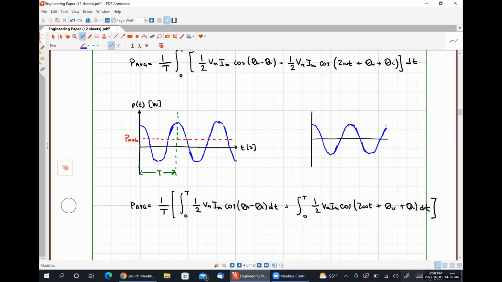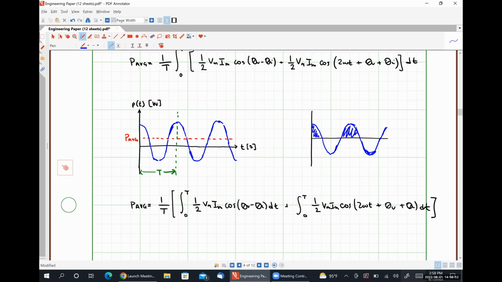There, if I can draw correctly, the area above the horizontal line is exactly canceled out by the area below the horizontal line if I integrate over an integer number of periods.